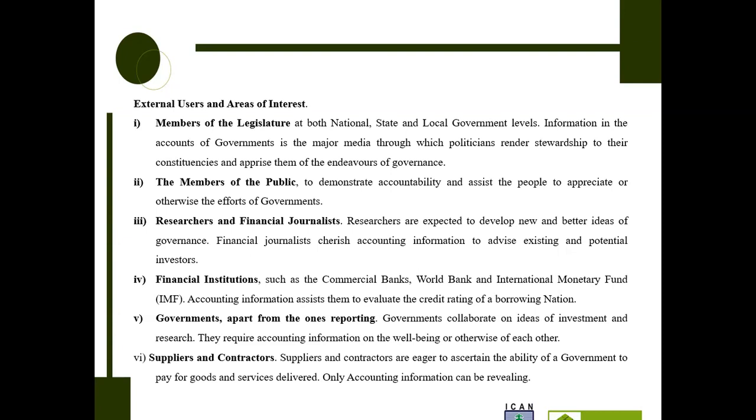We have the members of the public. These are other external users. The members of the public are to demonstrate accountability and assist the people to appreciate, or otherwise, the efforts of the government. These members of the public also form part of the general public. And what is their expectation?